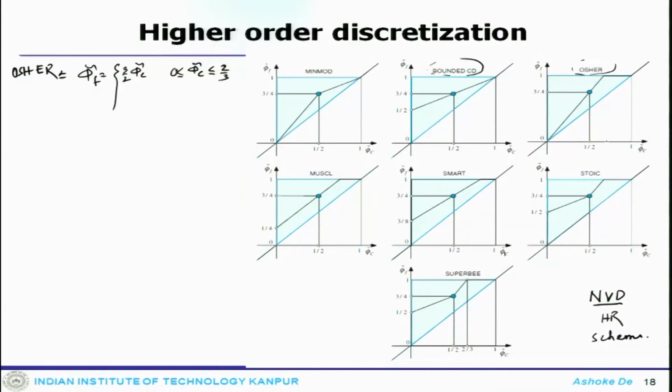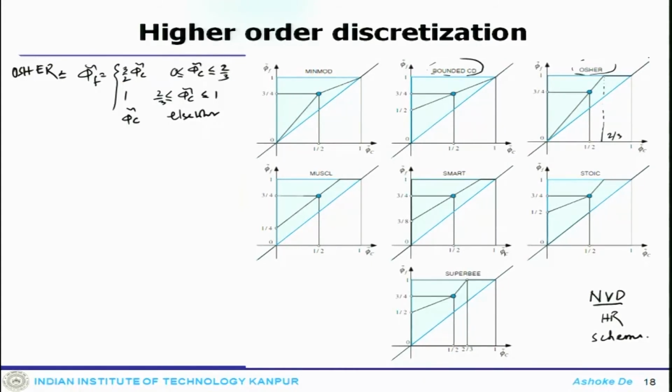It is only 3 by 2 phi c there, and then it becomes 1 if phi c tilde lies between 2 by 3 and 1, and elsewhere it is phi c tilde. Between 2 by 3 and 1, this is always 1, a constant value. So, you can see this is the point which is 2 by 3, before that it was 3 by 2 phi c with a slope, and then beyond that it is all phi c. That is the behavior of the OSHER scheme.